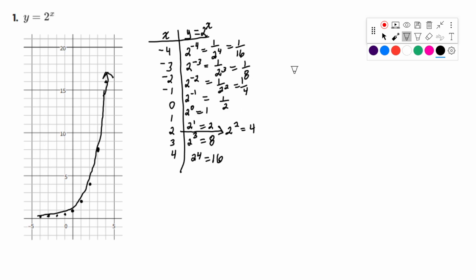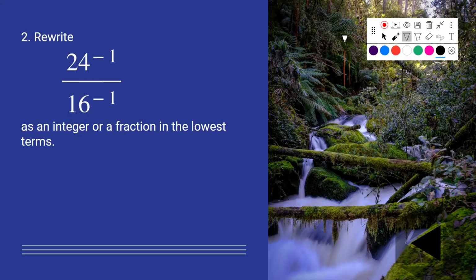It'll have its own grid graph for you to graph that curve. And then you'll be able to see how the curves are different, how the graphs are different based on the change. The other thing that you're going to see in your assignment is rewriting exponential expressions.